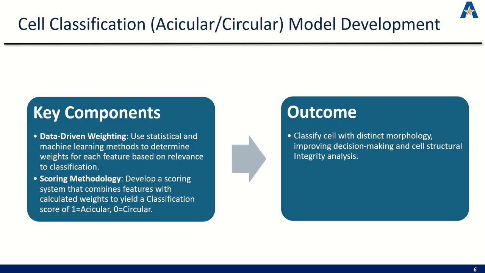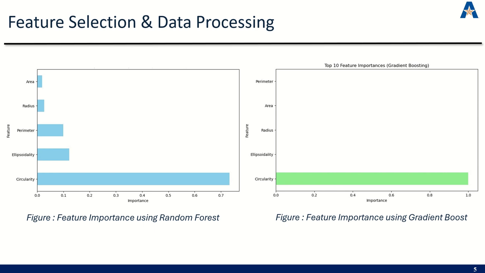But for the project, I tried to use something that is more difficult to predict. For example, if I can relate ellipsoidality with radius. We can see that ellipsoidality and perimeter are at a very low importance, and even lower are radius and area.